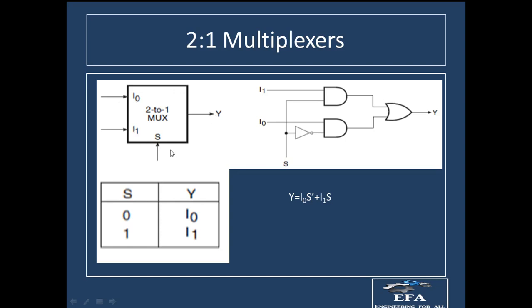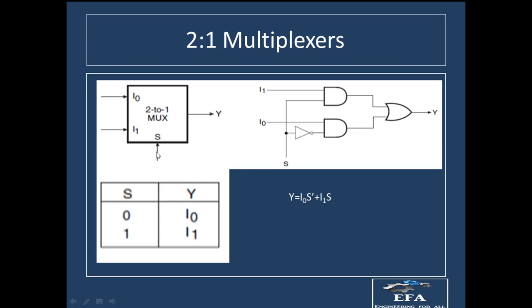That is done with the help of another input that is known as the select or the selection line, right? So what is the selection line? This is actually the input in the form of bits, right? So suppose you are having a single select line. This select line can have either zero value or one value in the form of bits.